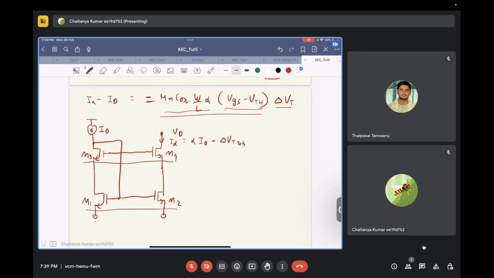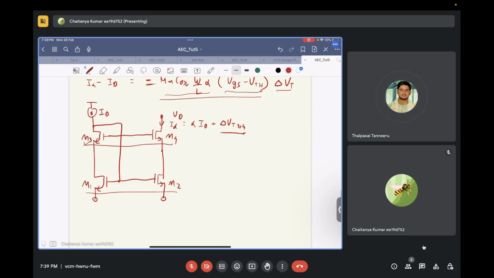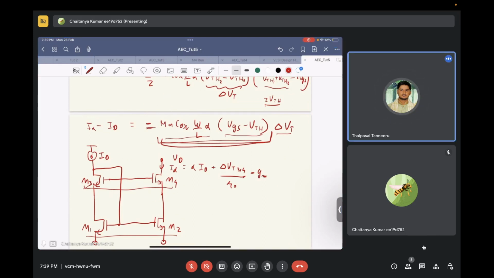So delta VT34 is mismatch of threshold between transistors M3 and M4, divided by R0, minus, what is this term? GM. GM, correct? GM of which transistor? It is mu W by L times alpha into VGS minus VTH.